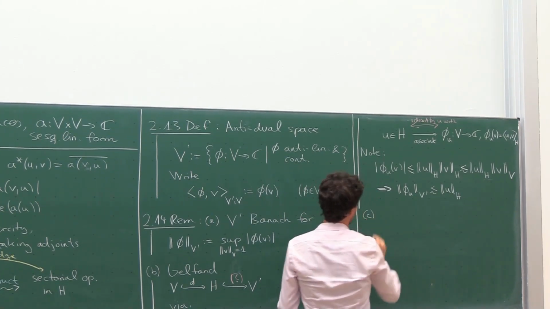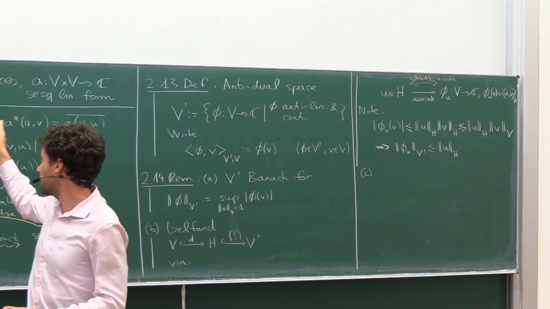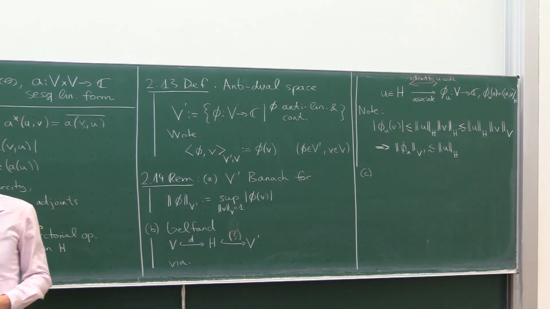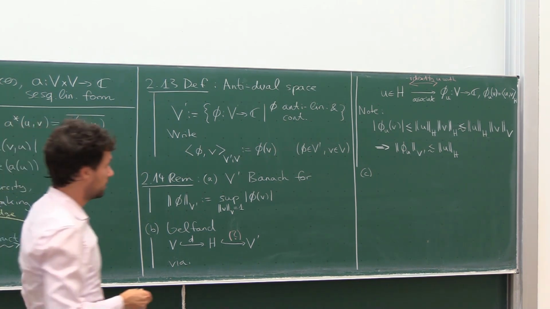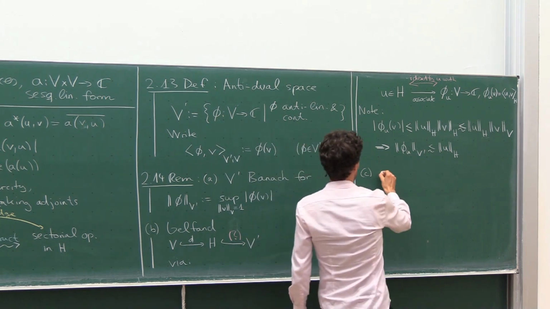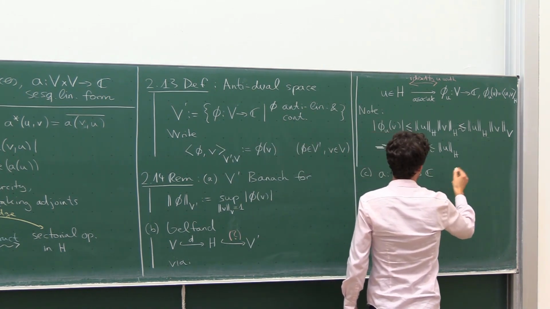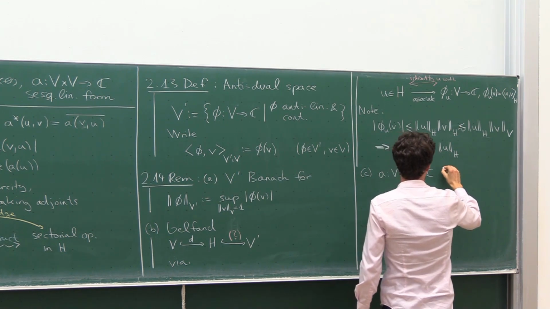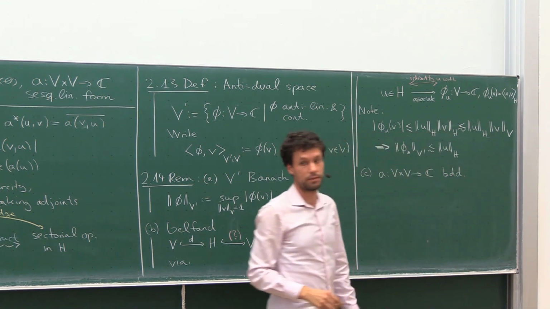Now let's see how a sesquilinear form, like the generic one we are given, can be a generator of elements in V prime if we in addition assume that the sesquilinear form is bounded. So let's take A from V times V to C. This will always be a sesquilinear form with this letter, and let's suppose that this is bounded.